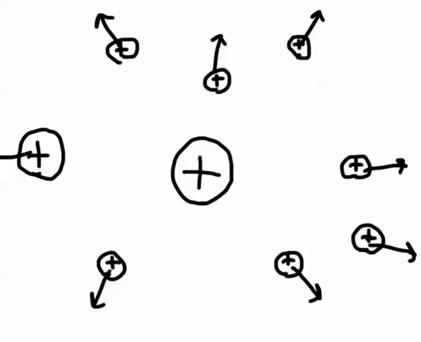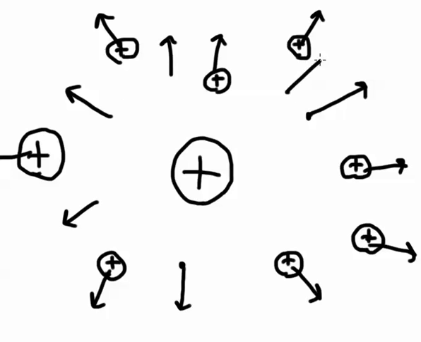So here's the interesting point. We can also draw a map that shows the force that would be there if there were a charge there. So if there were a charge here, there would be a force pushing it in that direction. If there were a charge here, there would be a force pushing it in that direction. And we can draw a map showing all the different forces that there would be if there were a charge there.